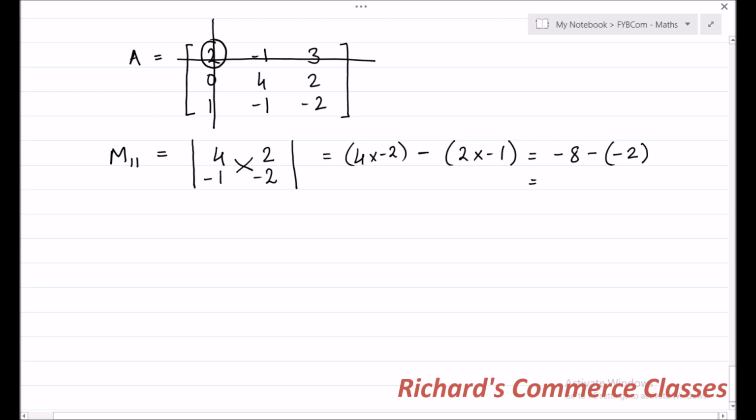That is equal to minus 8, and minus into minus will be plus 2. So the answer is minus 6. This is your M11.